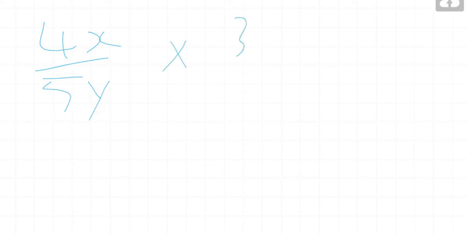Say we have 4x over 5y times 3y divided by 8x. We could actually expand these fractions, or we could just cancel where we are.